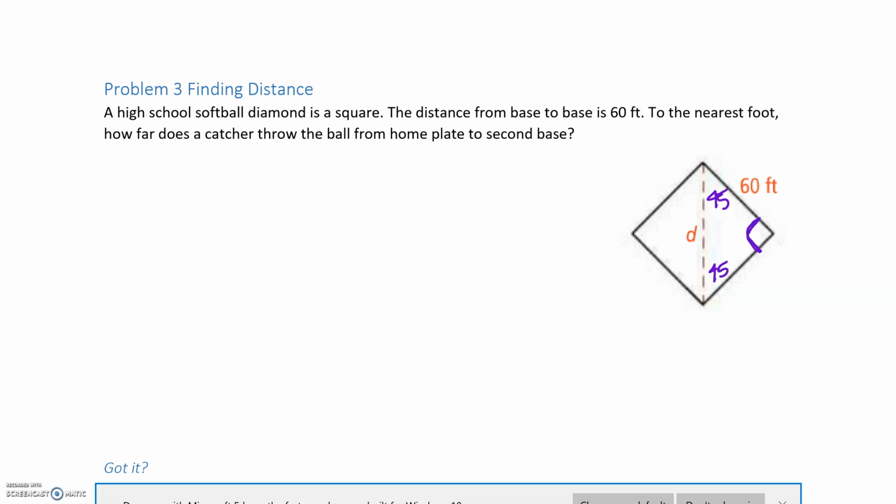It says that one of our legs is 60 feet, and we want to know the distance from home plate to second base. So we know that our distance is going to be s square roots of 2, and we know that s is going to equal 60. So our distance is just plugging s into this equation, which means we've got 60 square roots of 2.